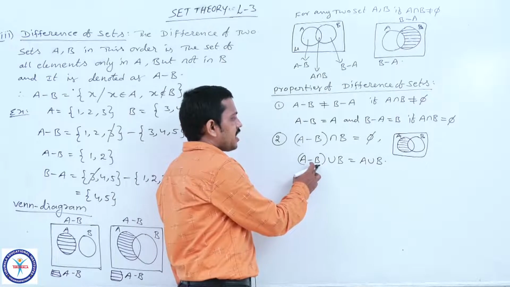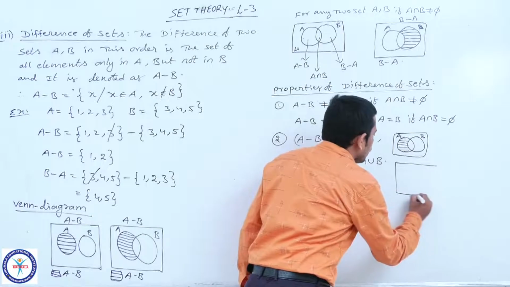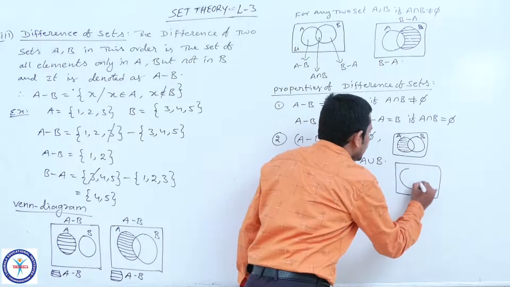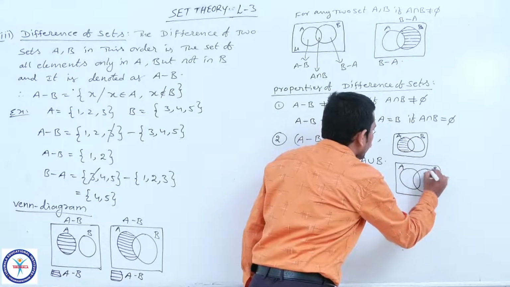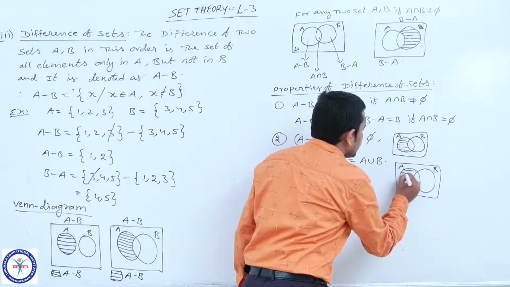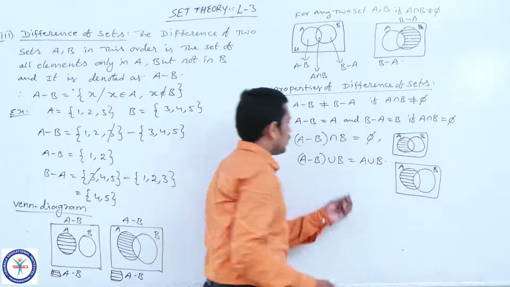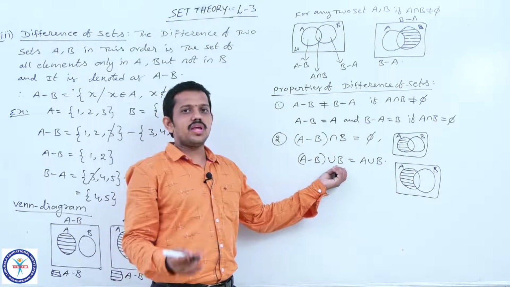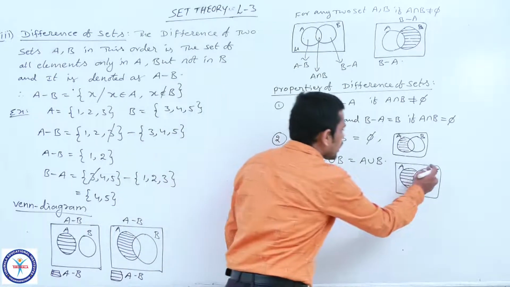Then what is A minus B union B? We consider A union B, here set A and set B. What is A minus B? This shaded region. Union B means we add the region of set B. What is set B? This region.